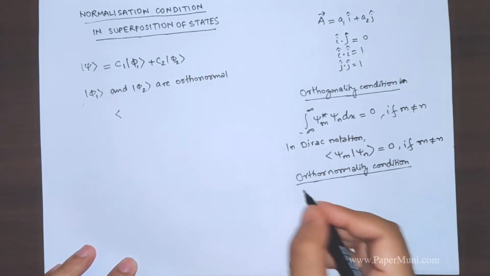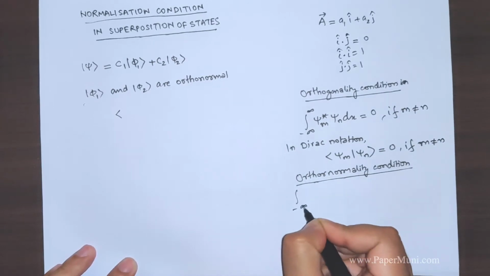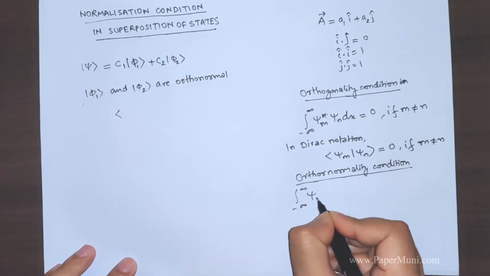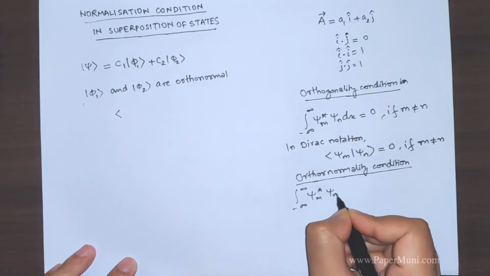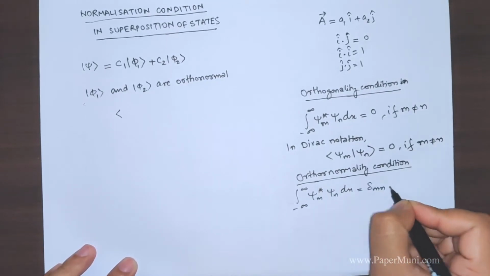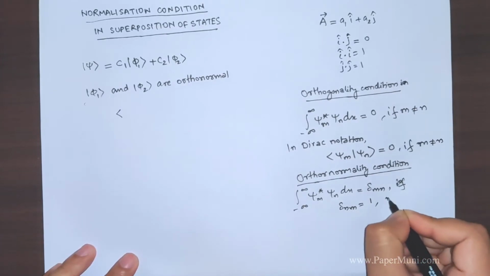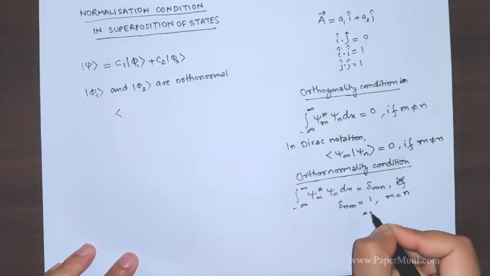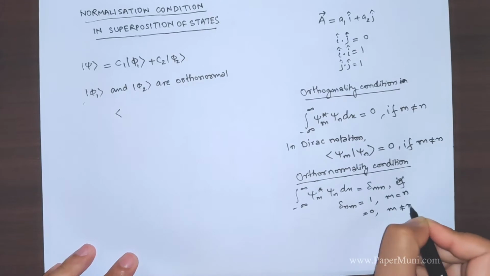in integral form is written as the integral from minus infinity to plus infinity of psi m star psi n dx is equal to the Kronecker delta: 1 for m equal to n and 0 for m not equal to n.